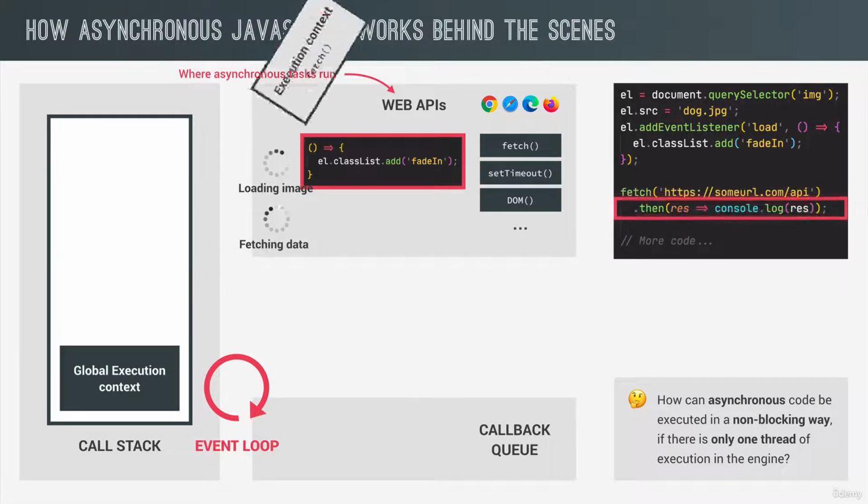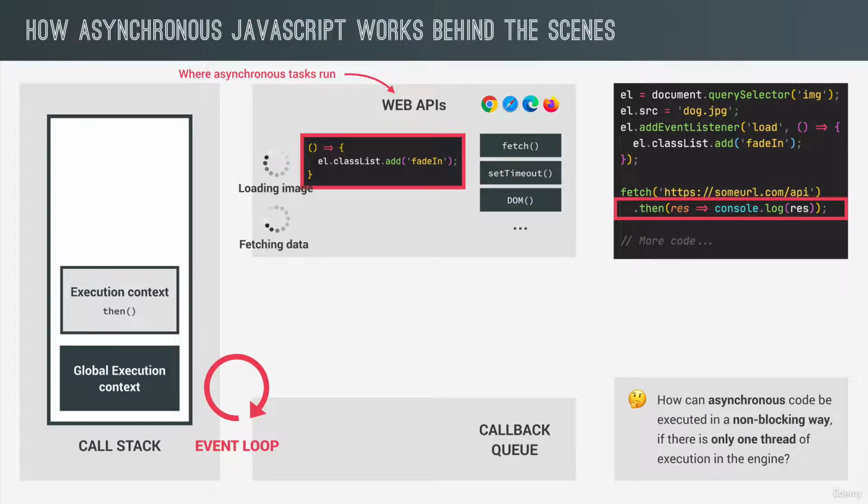Finally, we use the then method on the promise returned by the fetch function. This will also register a callback in the web API's environment so that we can react to the future resolved value of the promise. So this callback is associated with the promise that is fetching the data from the API, and that's going to be important later on.